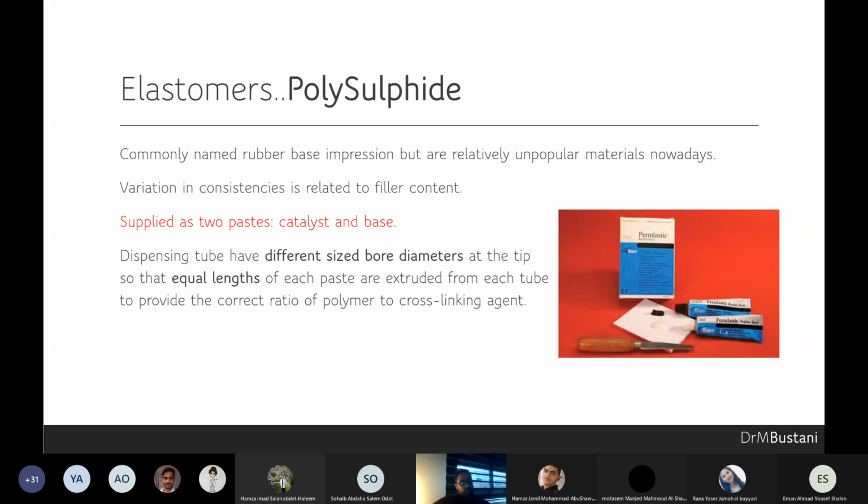So when you milk out the material out of the tube, you will have equal length but different thicknesses, and this is what makes the material react according to the proper catalyst to base ratio. So you'll have different amount by weight, but it's equal in length.